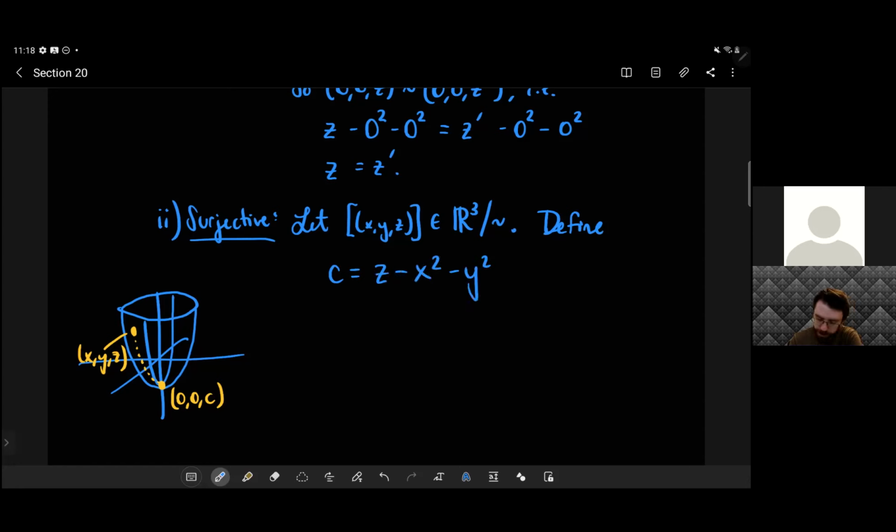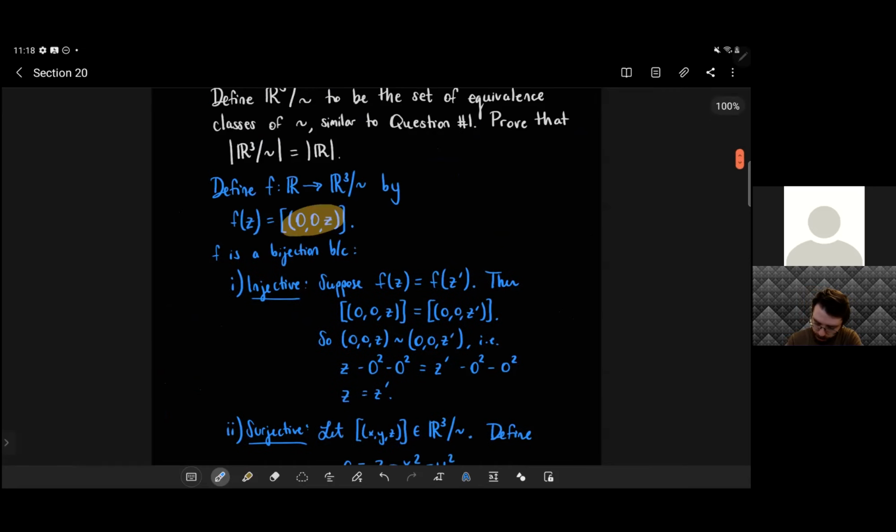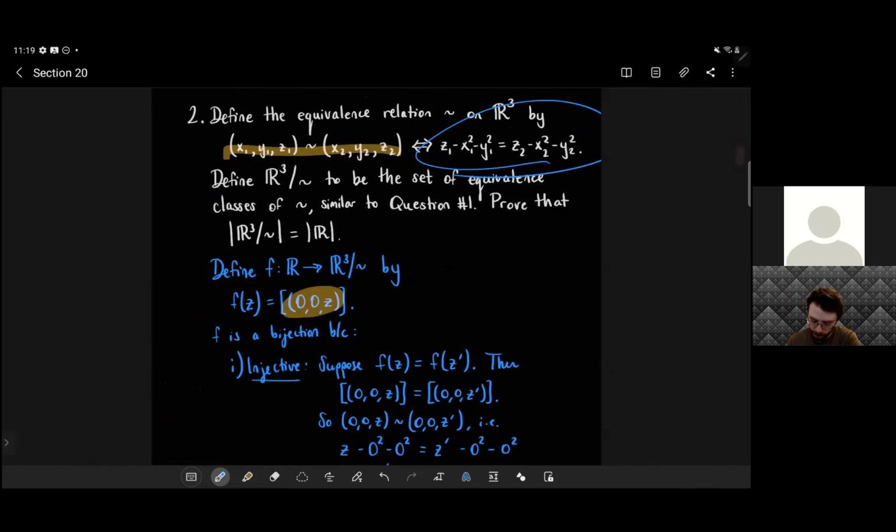It kind of looks like the definition of our equivalence relation. And note that this exactly means x, y, z is equivalent to the point 0, 0, c. Why? Well, again, just check that this works.